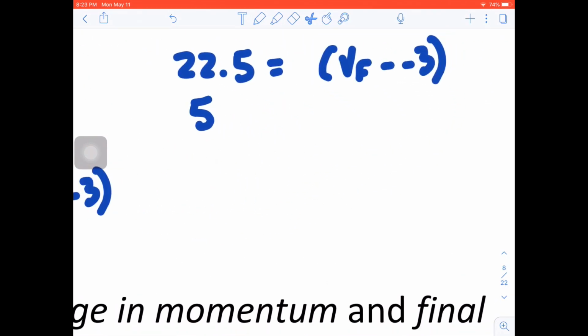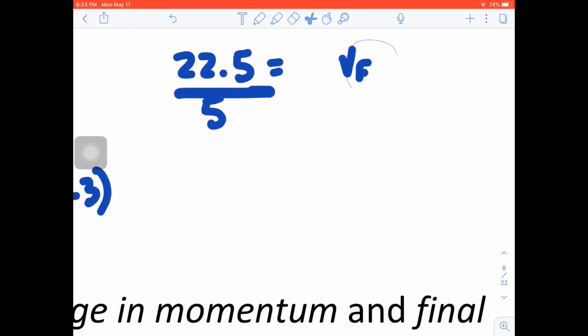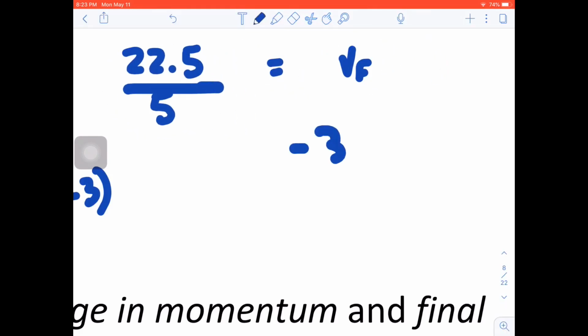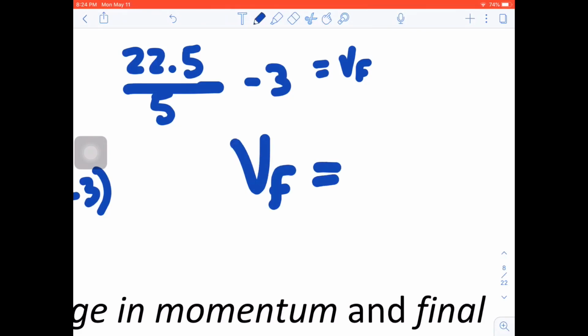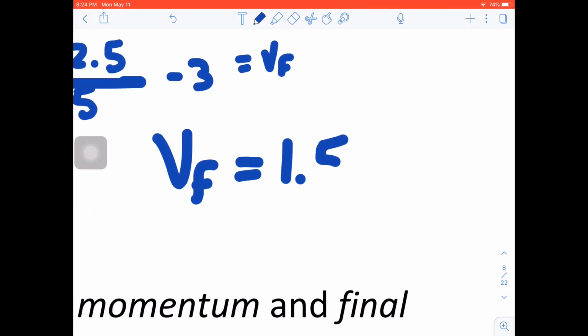You would divide both sides by 5, and then you would subtract 3 to get the Vf. So what do we got? We've got 4.5 minus 3, so final velocity should be 1.5 meters per second.